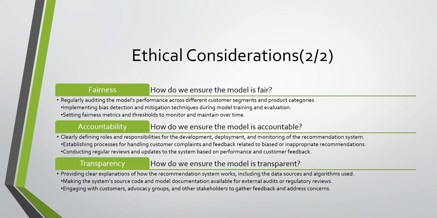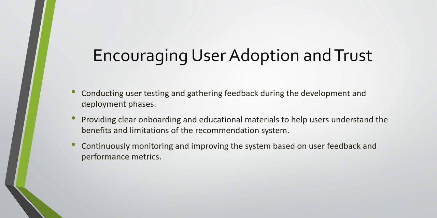So I believe that by adopting a very holistic approach to designing this, it is not only about the technological selection and the data for the model, but the human aspects of the AI model, change management and the guiding of the users play a very important role in success. This is how we encourage user adoption and trust, by involving the user in all the phases, during user testing and gathering feedback.